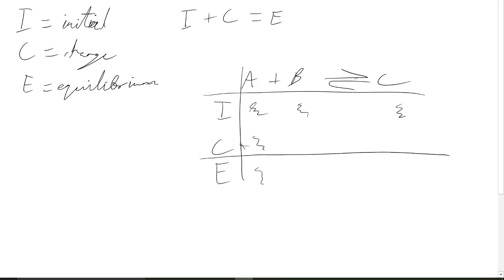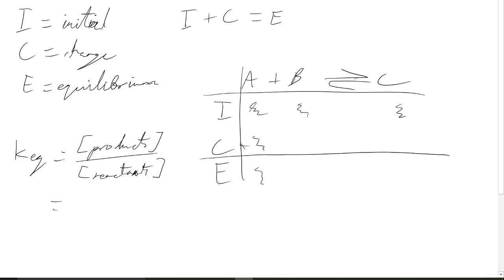Now, what is the equilibrium constant? So Keq, the formula is concentration of products over concentration of reactants. In this generic reaction, it would be concentration of C over concentration of A times concentration of B. So you multiply the species on the same side.